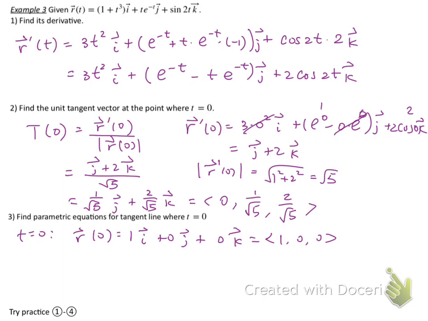And we already know r prime is j plus 2k, which means 0, 1, 2. Putting them together for the parametric equation, x equals the base of x plus the coefficient of the vector times t, which is just 1, since we are adding 0t. Then y is the base point 0 plus t, and z is 0 plus 2t. So the equation is x equals 1, y equals t, z equals 2t.